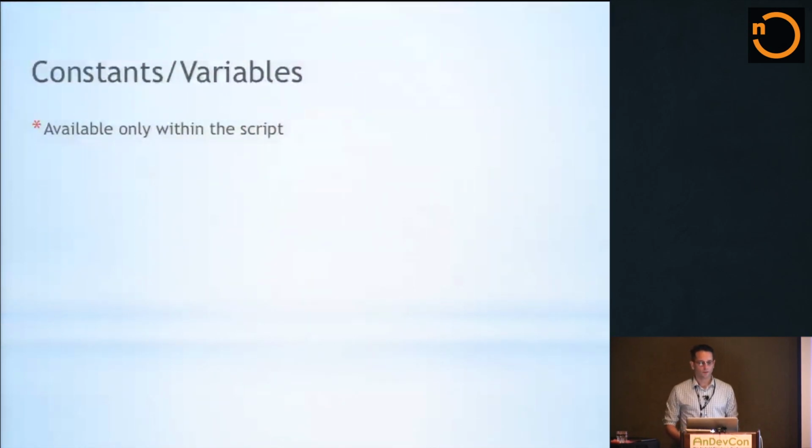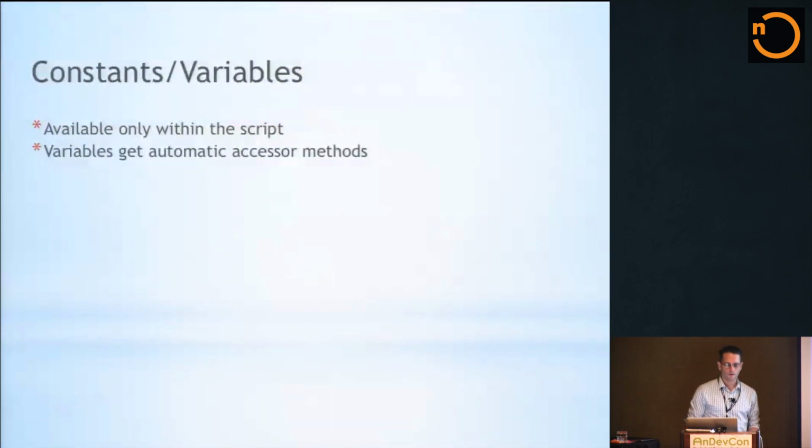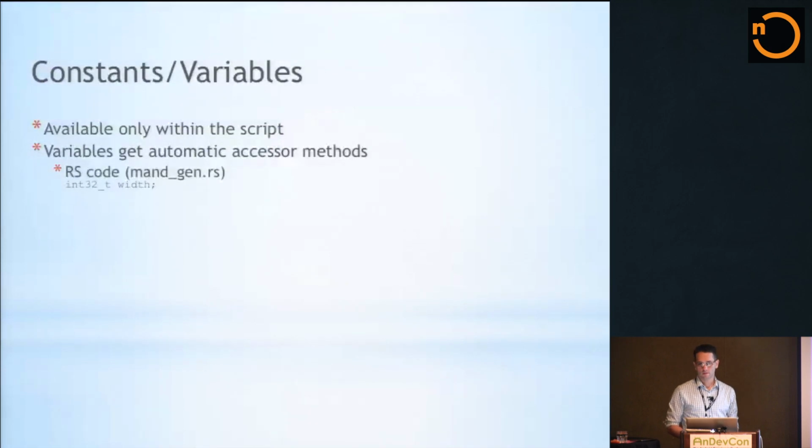So constants and variables, these are available only within your script. If you remember just a minute ago, I mentioned that you can call other scripts from within your script. And that is true, caveats there as well, but you can't access variables in other scripts. From within your RenderScript, you can only touch your variables and your constants. Now, in that reflection layer up in Java, your variables do get automatic accessor methods. So you're going to get a getter and setter.